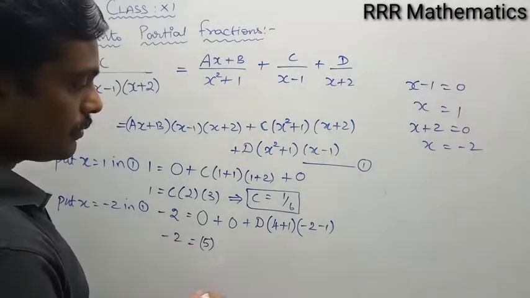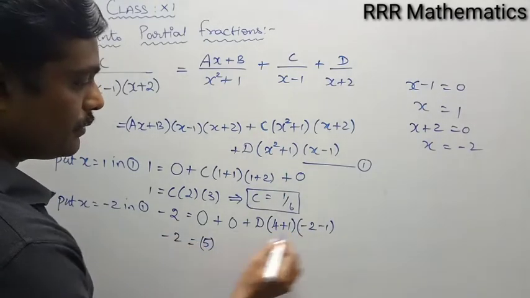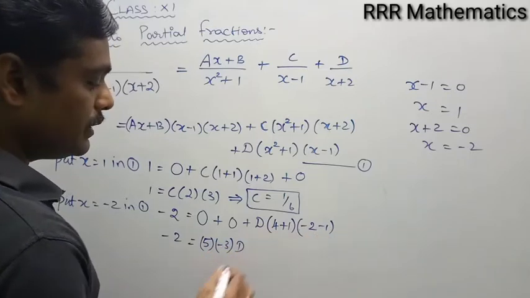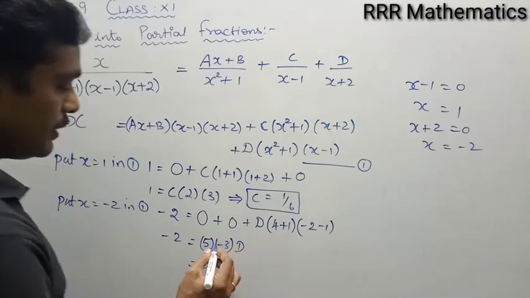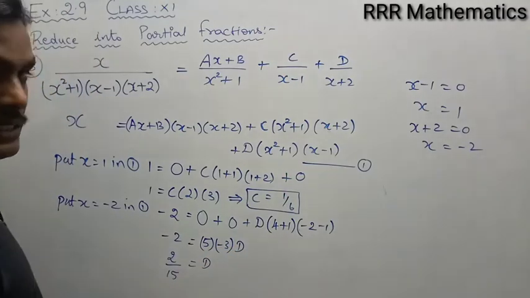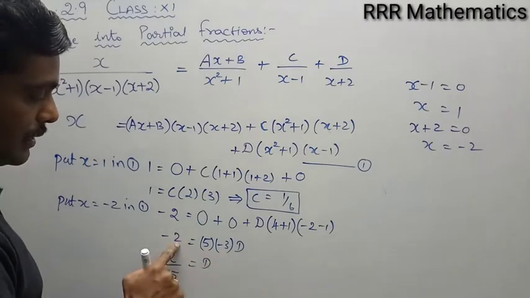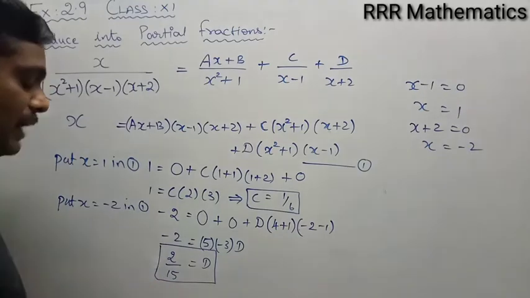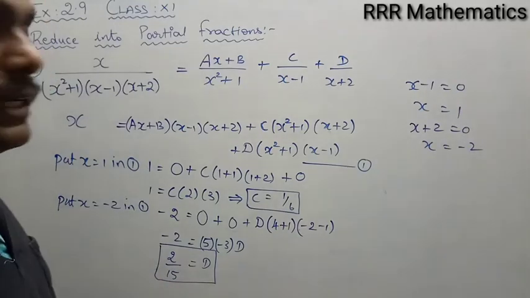This is minus 2, 4 plus 1 is 5. Minus 2 minus 1 is minus 3 into D. So what is D? This 5 3s are 15 comes down. Minus minus cancel. 2 divided by 5 3s are 15. So in this case I am getting the value of D as 2 divided by 15.